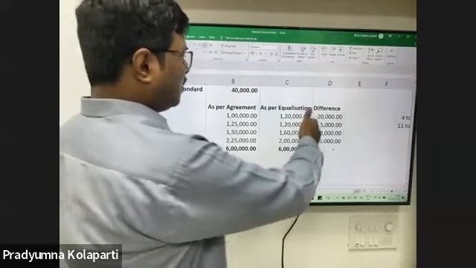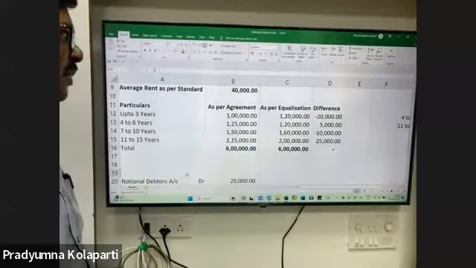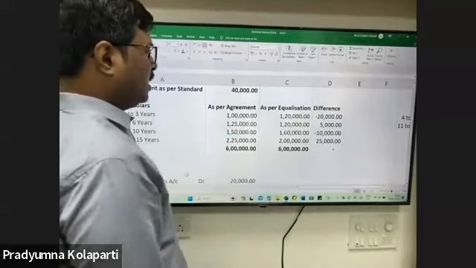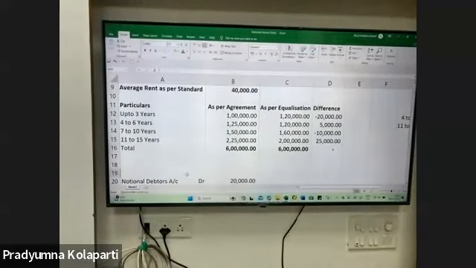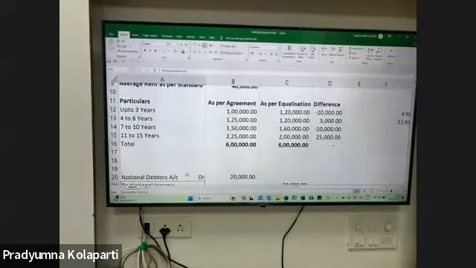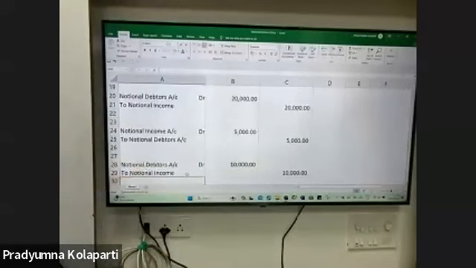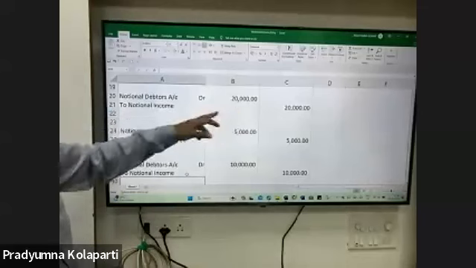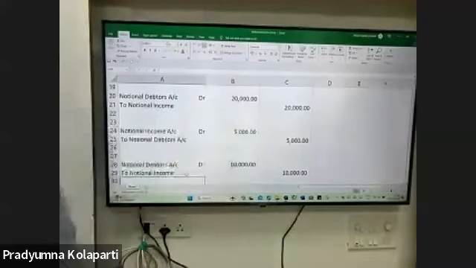So what you have to do is, whatever the difference on a yearly basis between these two numbers, you make the entry as notional debtors account debit to notional income. Where the billing income is less than your average income, notional debtors will get debited and notional income will get credited.